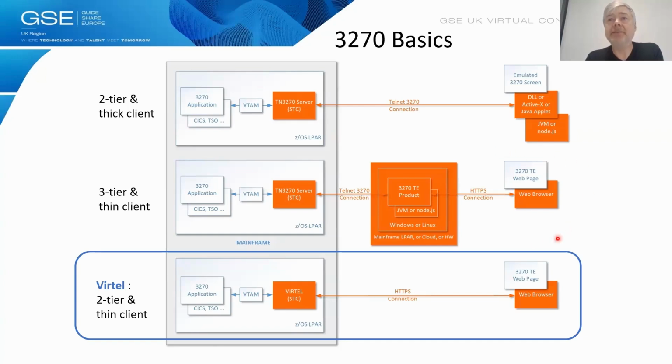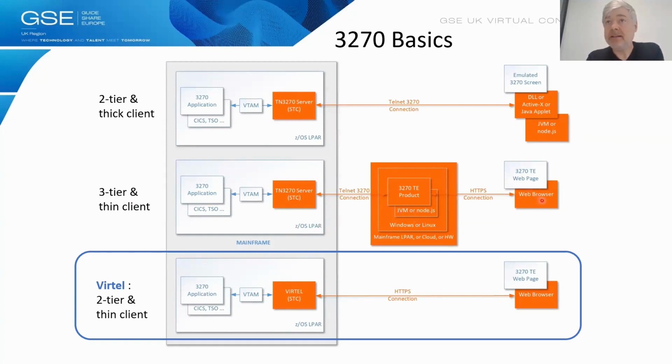What we've been seeing in more recent years is thin client in a 3-tier configuration where you have a server somewhere in between the web browser and your z/OS system. This server could be outside of the mainframe, or it could be on a z Linux.